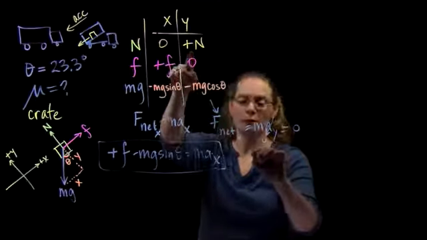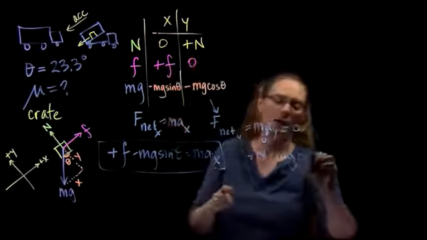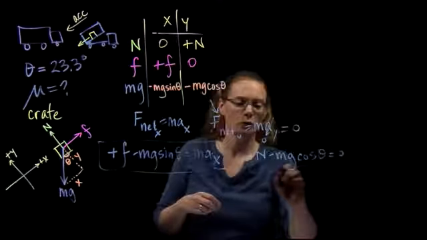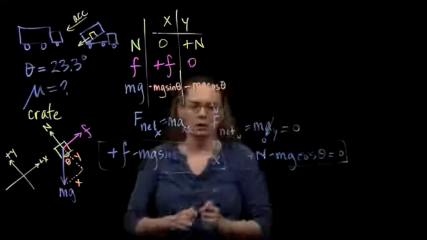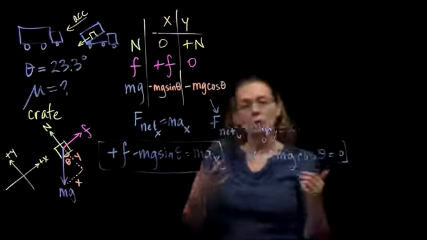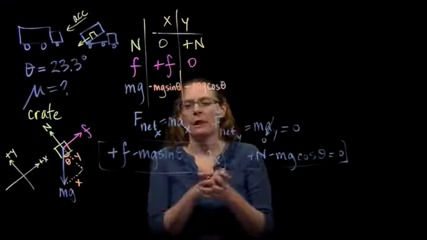I have a positive normal. I have a negative mg cosine theta. And that's it. So set them equal to 0. All right. Now I have two equations that I can use, and those equations both come from Newton's second law for this situation.